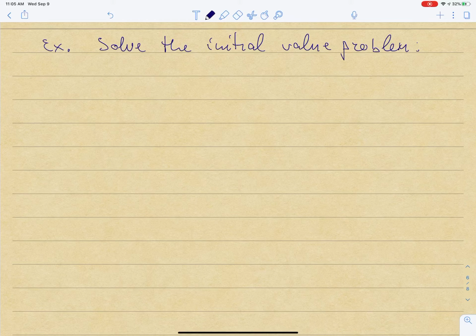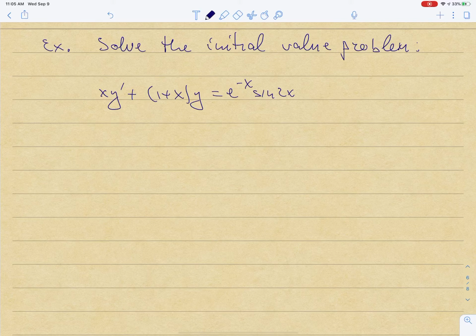Okay, let's try xy prime plus 1 plus xy equal to e to the minus x sine 2x.